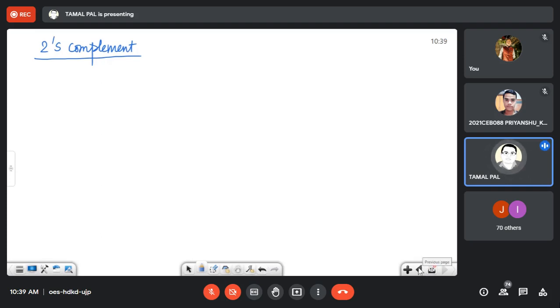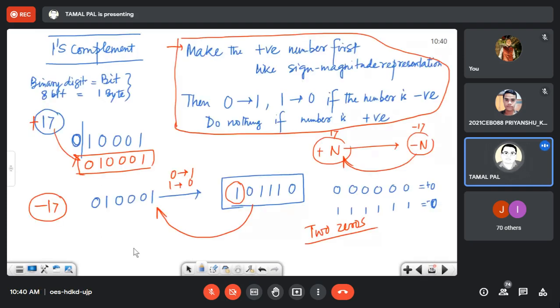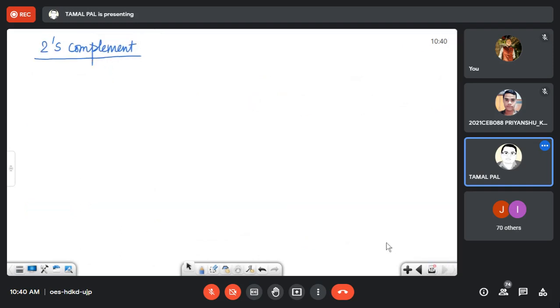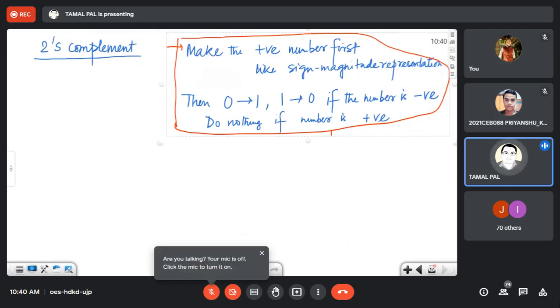So I'm copying some part of that rule, but I will make a little modification.